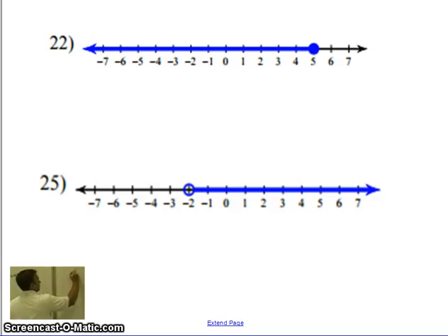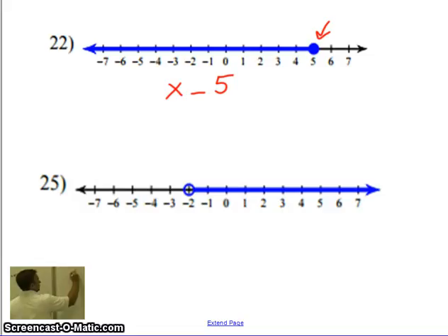Lastly, we're going to take a graph and then come up with the inequality. Let's start with a variable. Let's use x. 5 is our number that has the dot on it. Since it's a solid dot, we know it's or equal to.